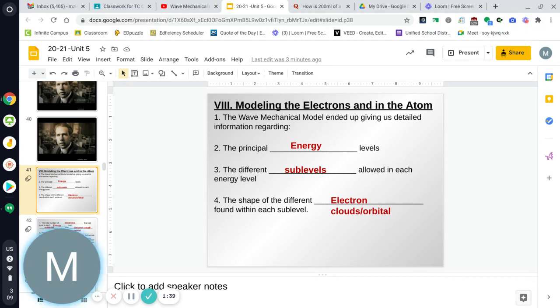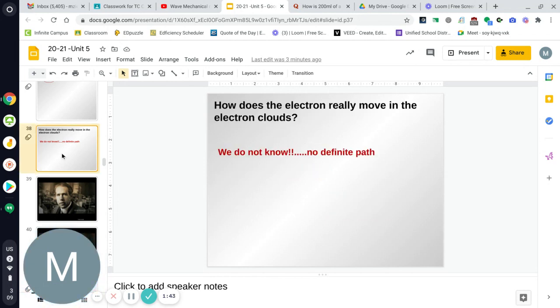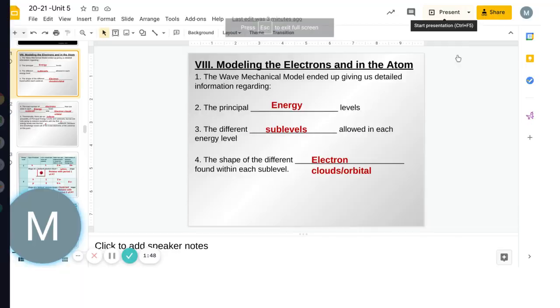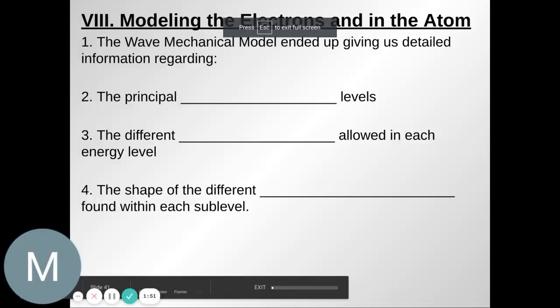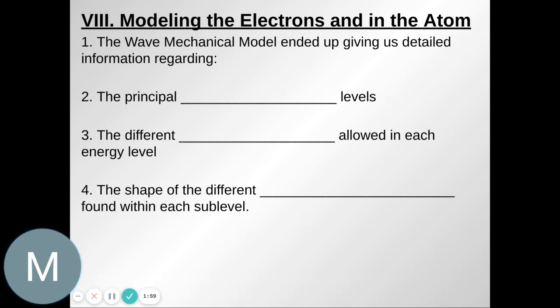So I think Ms. Merkus kind of took you through this part of your notes. I think this is page 6 in your notes, and just some terminology to catch. The wave mechanical model, which is just the modern atomic theory, ended up giving us detailed information regarding a few things.